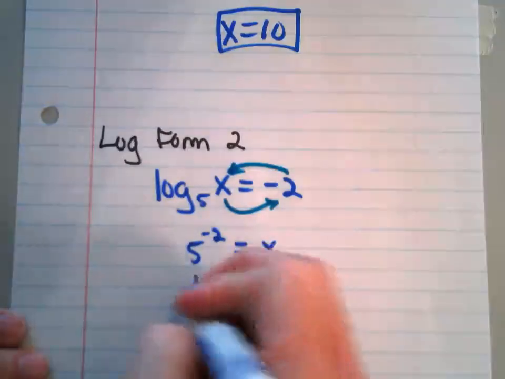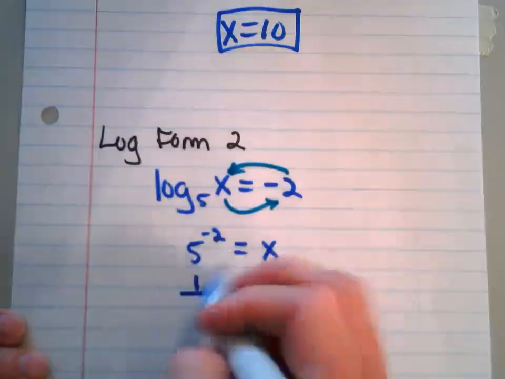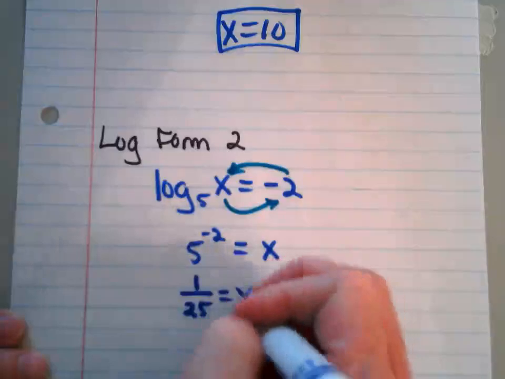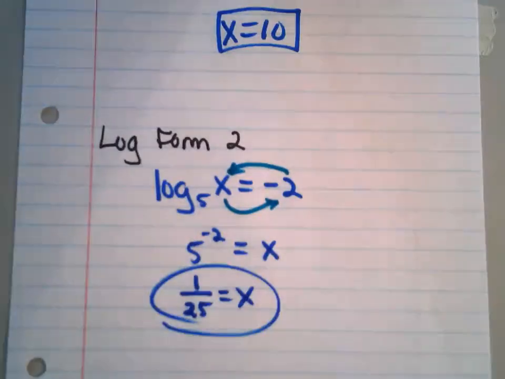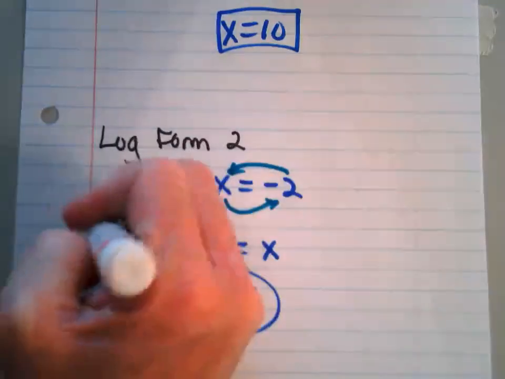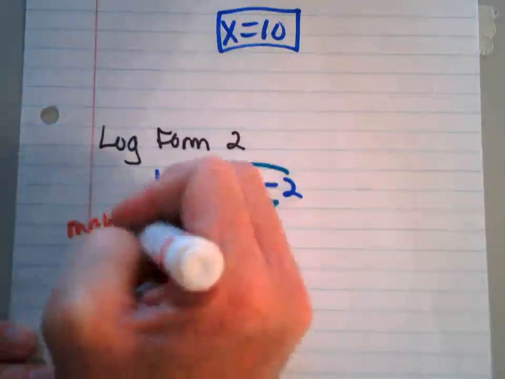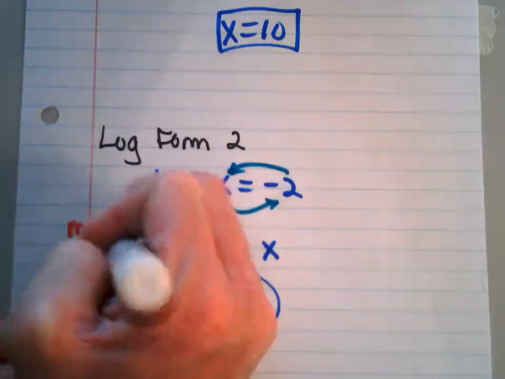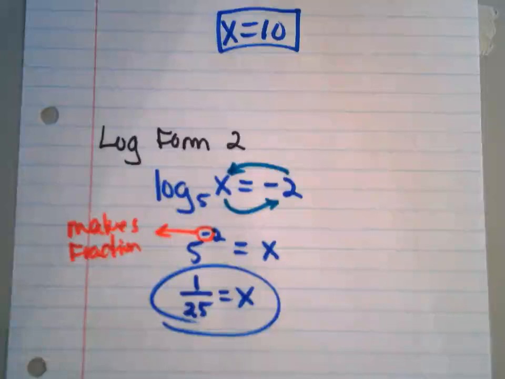So the negative becomes the fraction. 5 to the second is 25, so we have 1 over 25. The negative makes the fraction, and 5 to the second power is the 25.